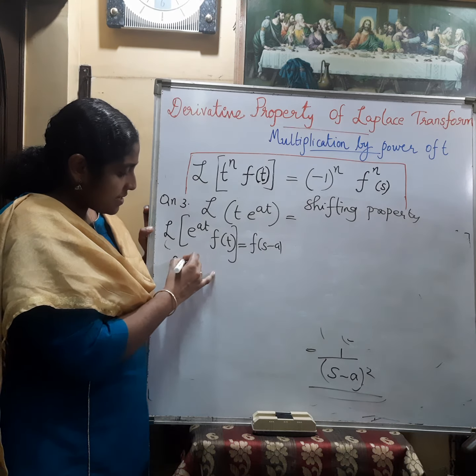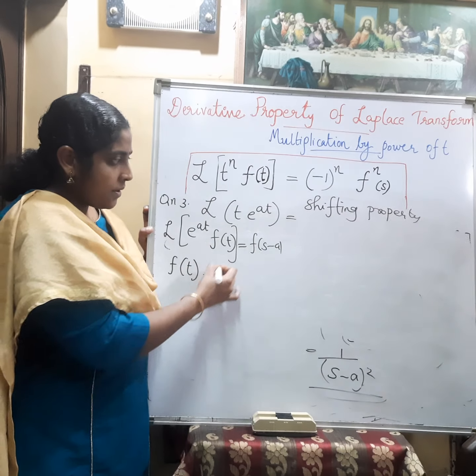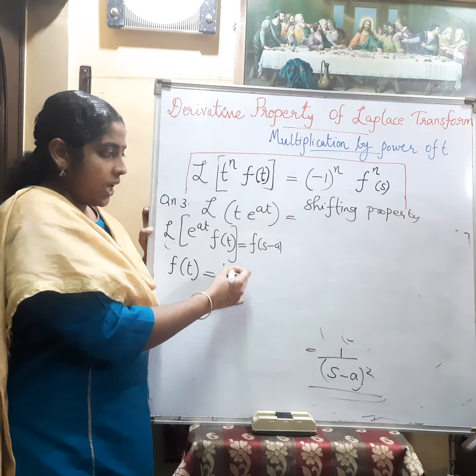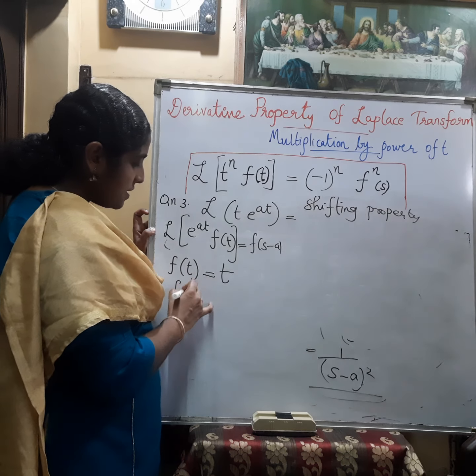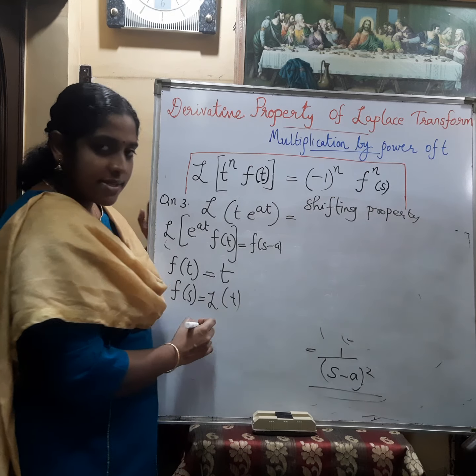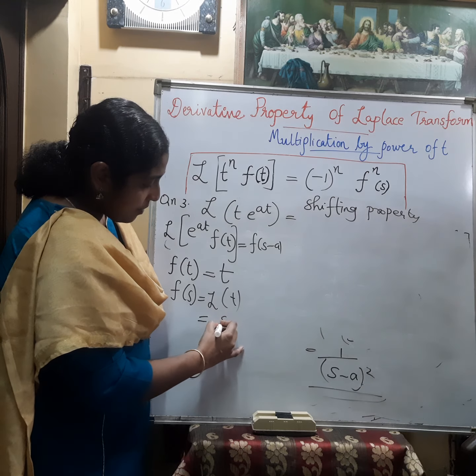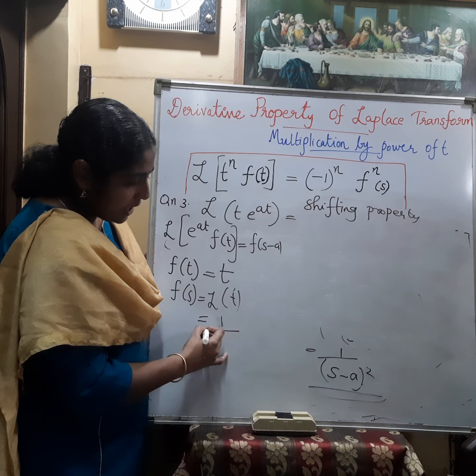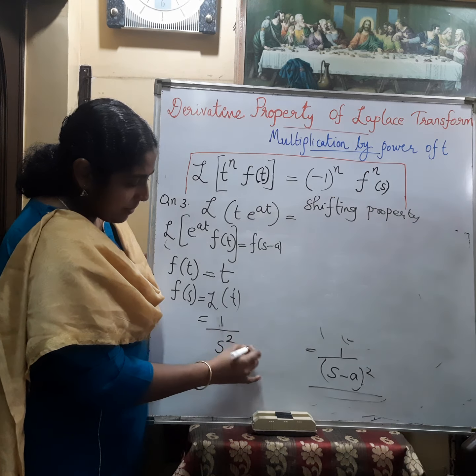So in this case, what will be f of t? f of t we can write as t. What will be F of s? F of s will be the Laplace transform of t. What is the Laplace transform of t? The Laplace transform of t raised to n is n factorial by s raised to n plus 1, that is 1 by s square.